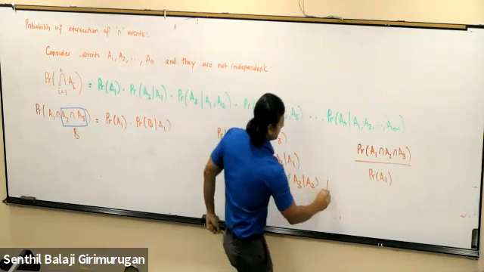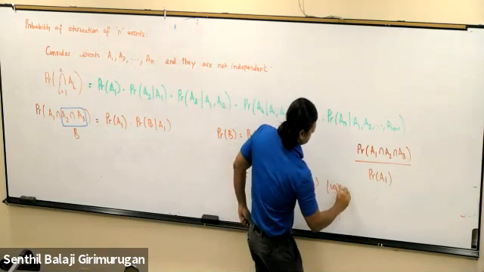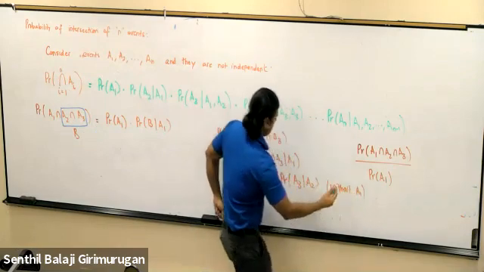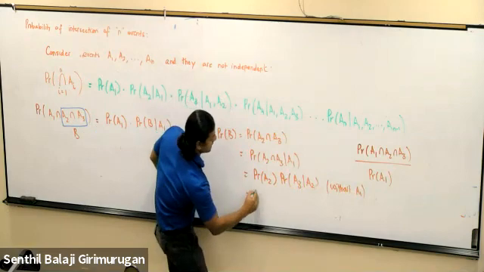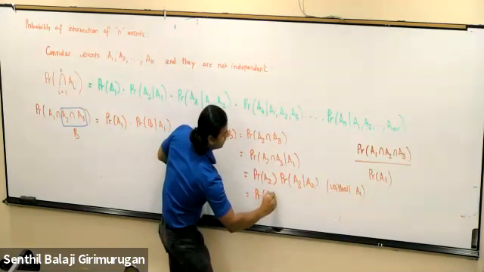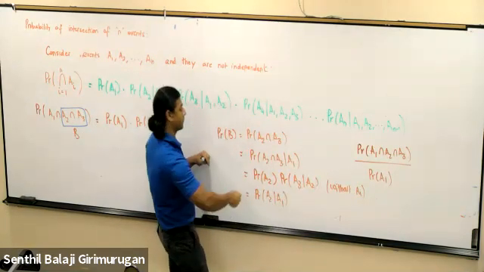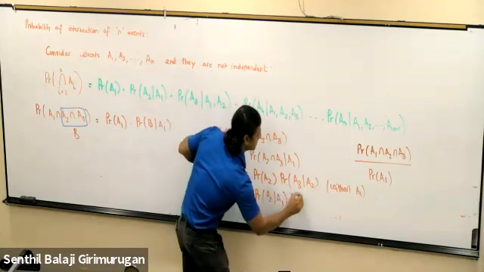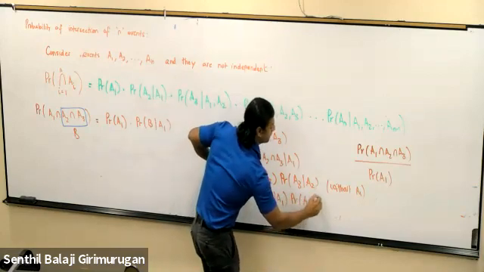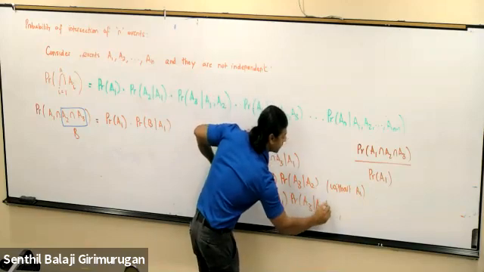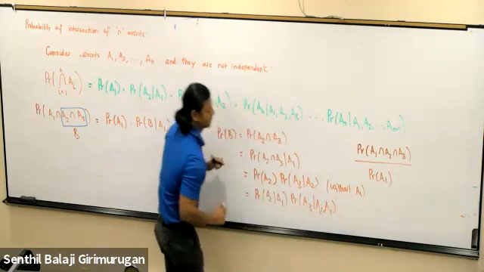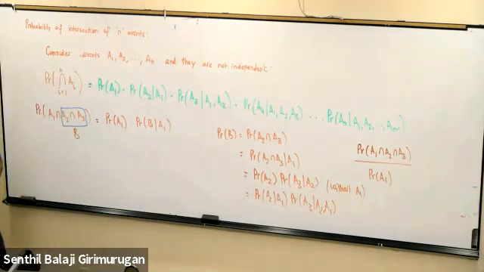Without the conditioning, but if I bring that A1 in, because we have the condition, we'll end up having probability of A2 given A1 multiplied by the probability of A3 given A2, comma A1. You can write this all the way up to AN if you want, if you've got too much time in your life, but it's not necessary.